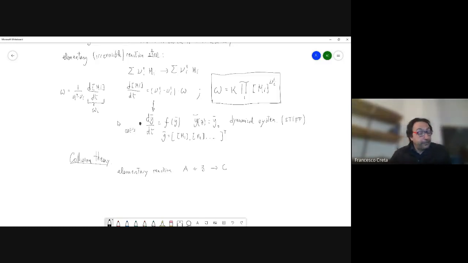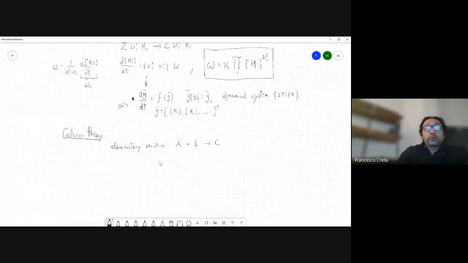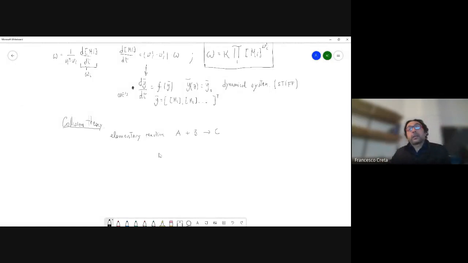Now, clearly, the rate at which this reaction occurs, how fast this reaction occurs, will depend on what? Well, it will depend on the total frequency of collision.